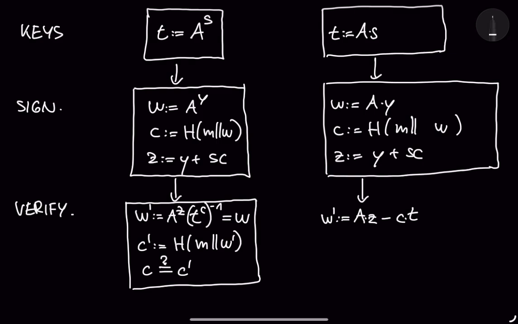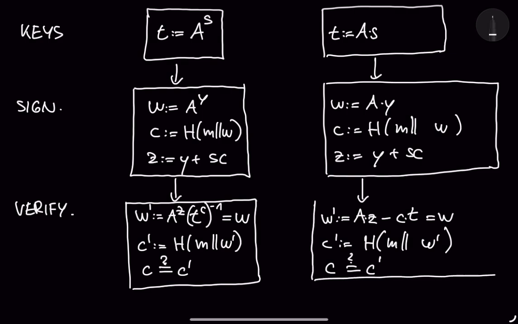And this gives W, and the rest is the same again. And finally we have to compare C with C prime.